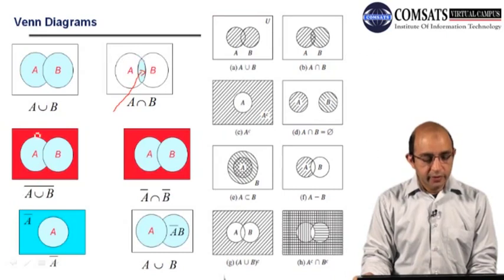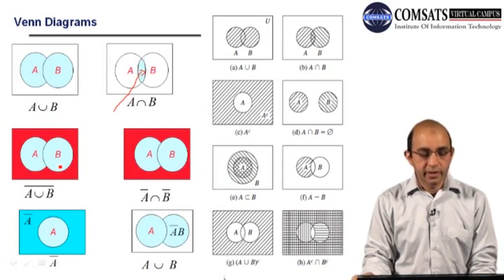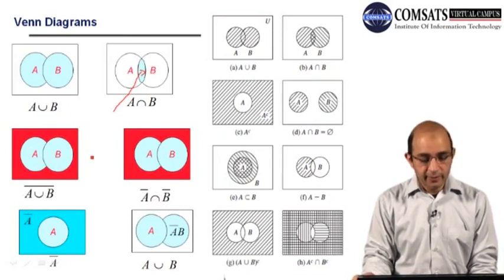But when you talk about the complement, you can see that this is the area with red color. So this is A union B and its complement is the rest of the area in the rectangle, and that excludes those two circles that represent A union B.